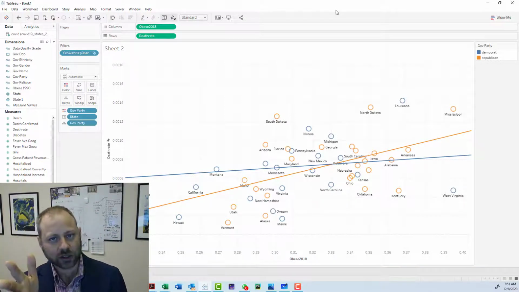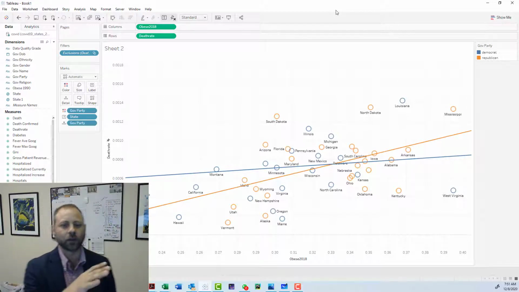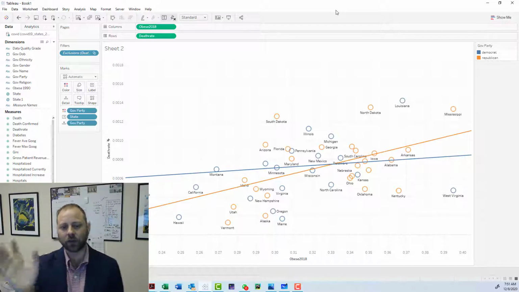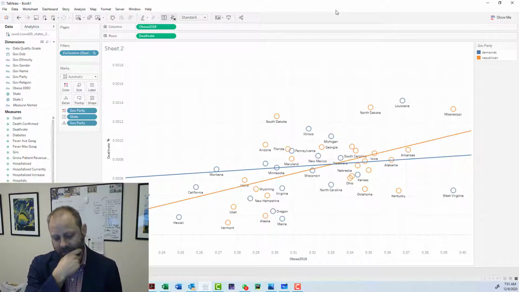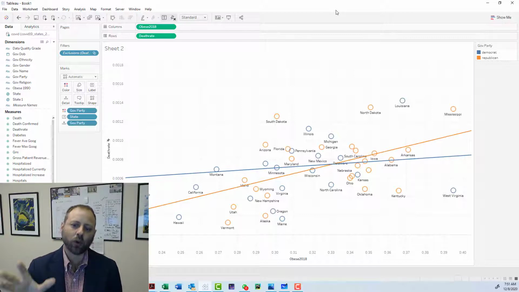I would suggest to you that what you're seeing in this graph in terms of obesity and death rates, if you split the two, is that states who elect Republican governors are more likely to have different social characteristics, right?